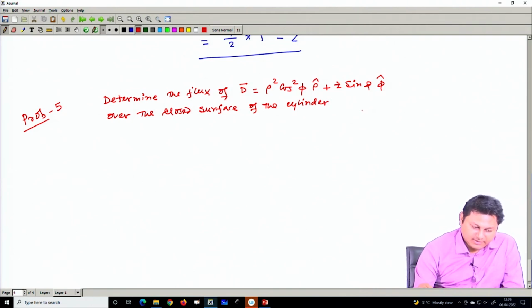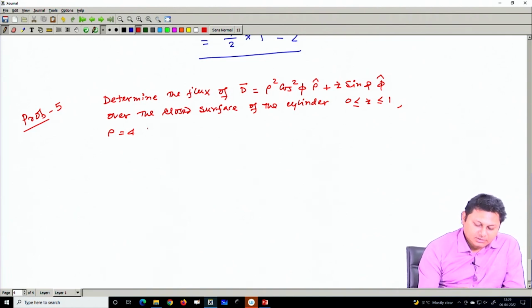The cylinder is defined in this way: z is changing from 0 to 1 and rho is equal to 4. That is part 1 of the problem.